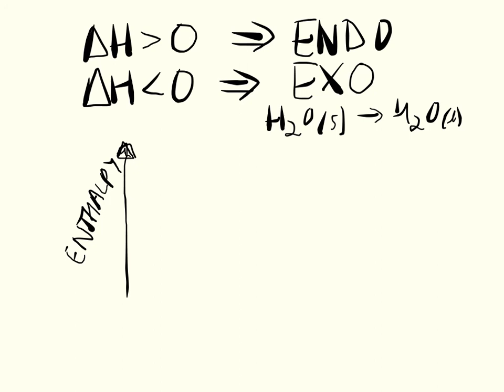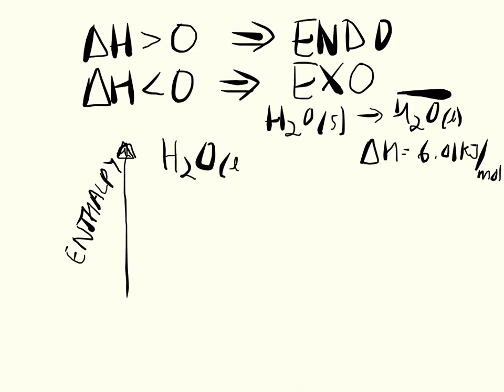So think about this reaction here: the change in enthalpy was 6.01 kilojoules per mole. That means at the end, H2O liquid has 6.01 kilojoules more per mole than H2O solid does. That's how much energy it took to turn 1 mole of H2O into a liquid. So that means that H2O liquid relative to H2O solid would be higher up.